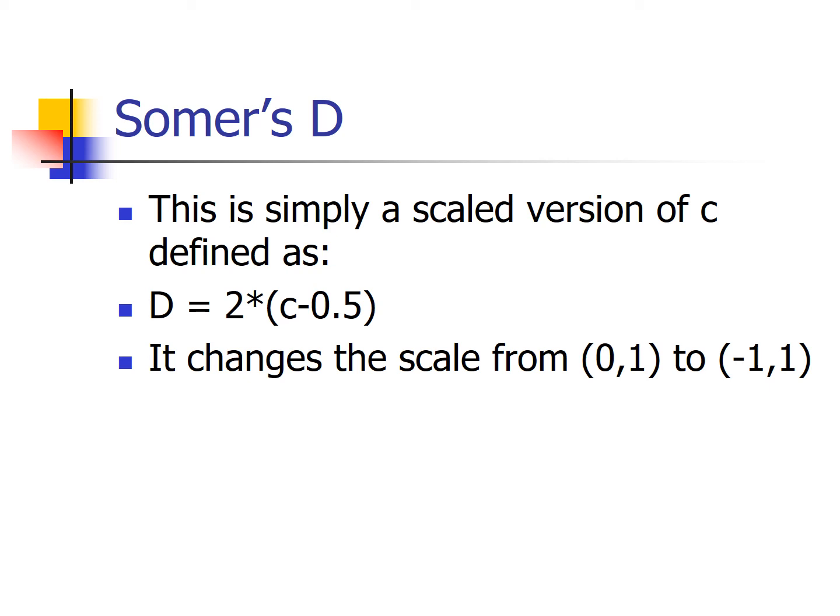So instead of looking at the area under the curve, we look at how much better it did relative to the reference line, and then multiply that by 2. Why multiply by 2? Because it stretches the scale. Now instead of going from 0 to 1, which is what our area under the curve does, Somers' D goes from minus 1 to 1.